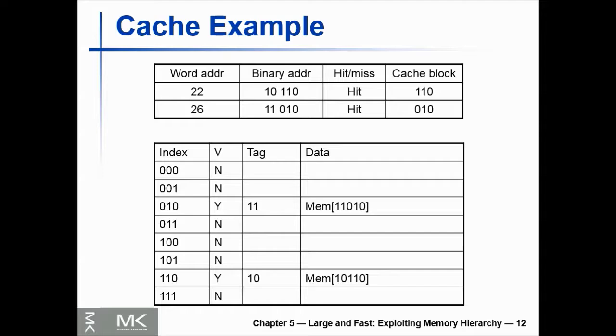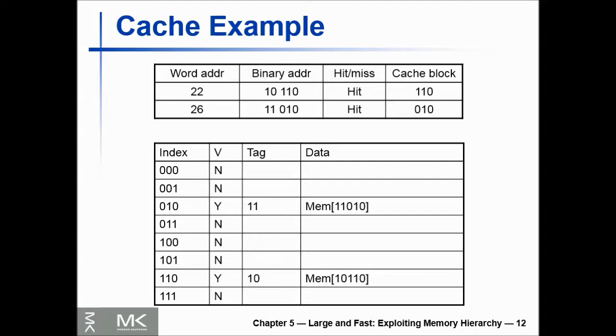Similarly, if the system needs to find the words 22 and 26 in the memory, first of all we convert 22, that is 01101. The compiler checks index 011 to see whether the value is present or not.